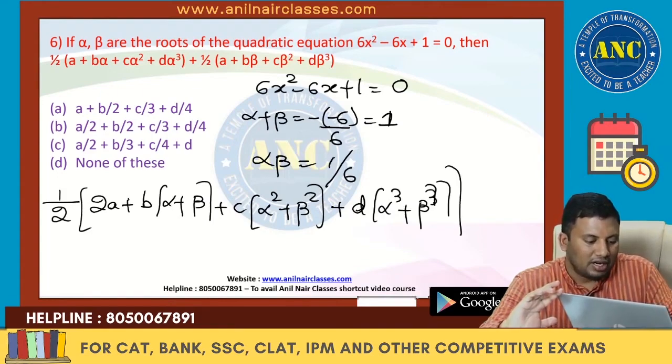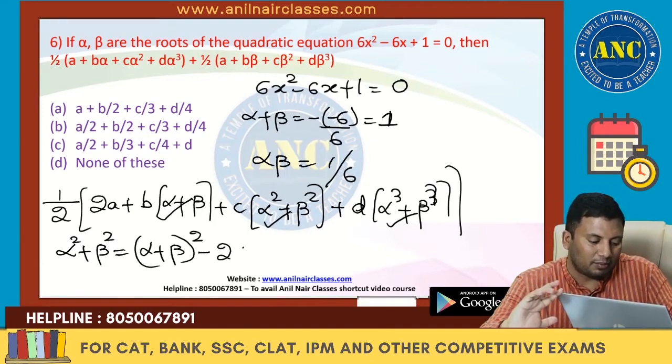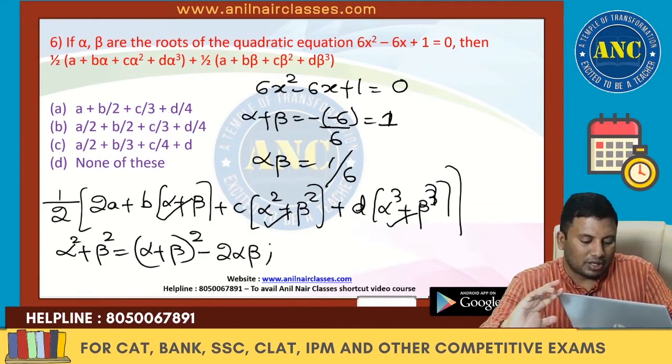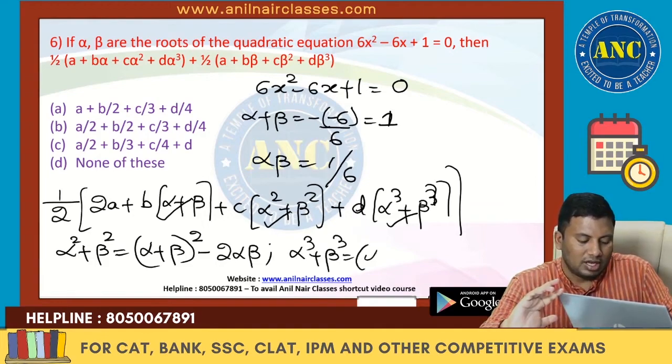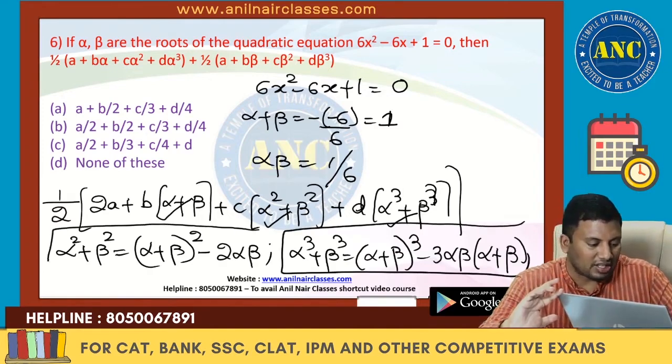Simple substitution. Alpha square plus beta square is alpha plus beta whole square minus 2 alpha beta. Alpha cube plus beta cube is alpha plus beta whole cube minus 3 alpha beta into alpha plus beta. Substitute here and check with the answer option.